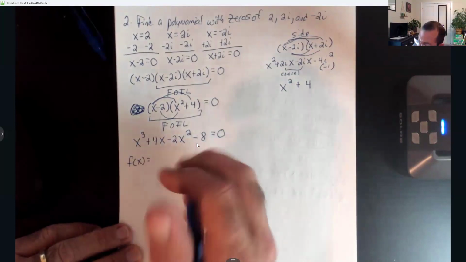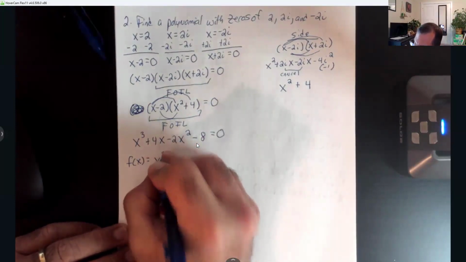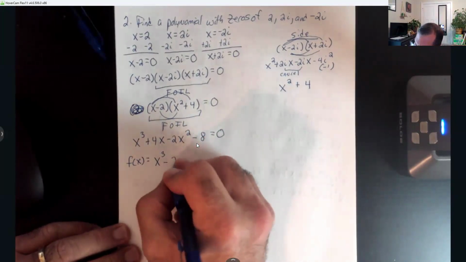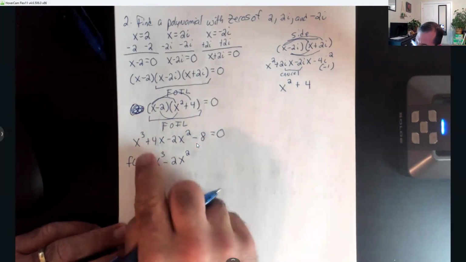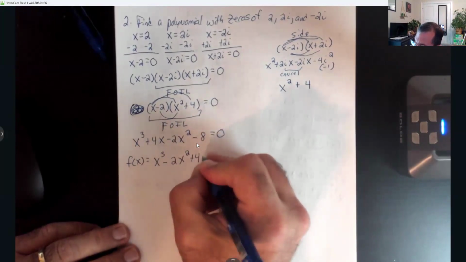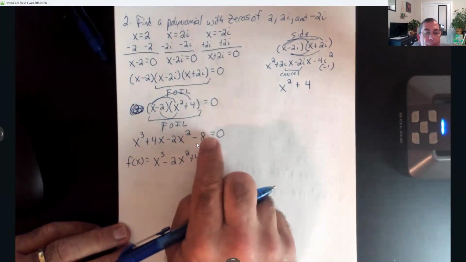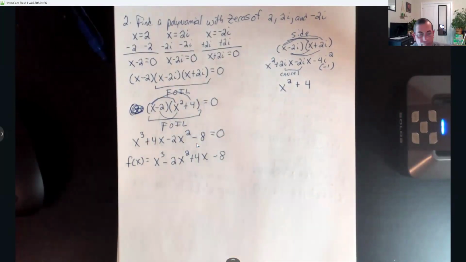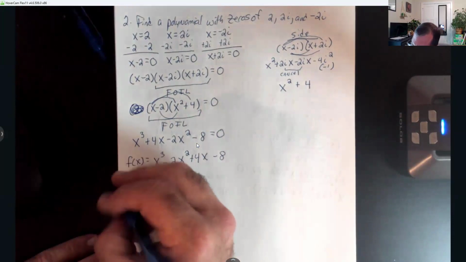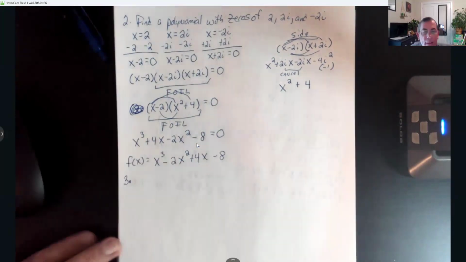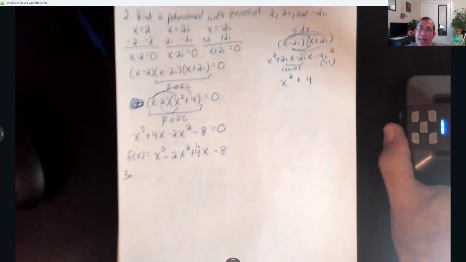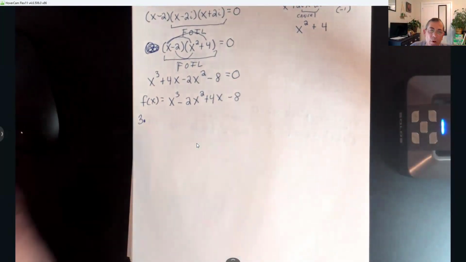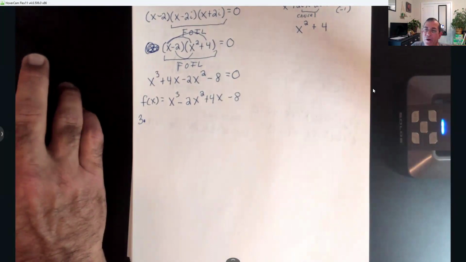So we're going to bring down our x to the third minus the 2x squared plus our 4x and then minus our 8. All right, y'all. So like I said, this chapter 8.4 has a lot of foiling when you first started, okay?